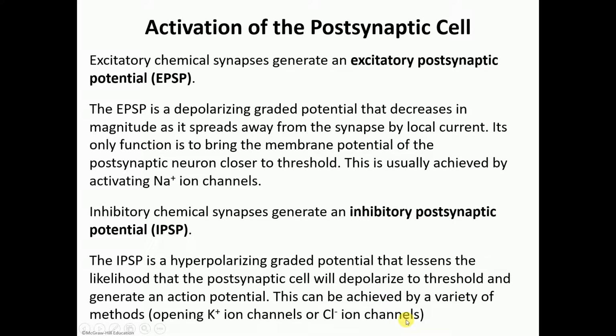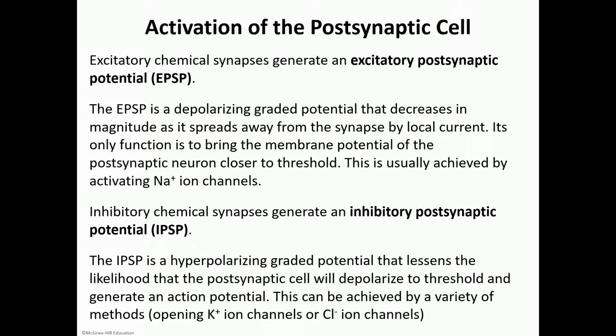And when you do so, in either scenario, you are increasing the negativity of the inside of the cell. So instead of being -70, we are becoming -90 or -100, and that inhibits the cell. You are hyperpolarizing the cell.